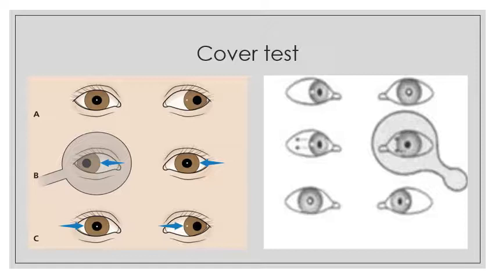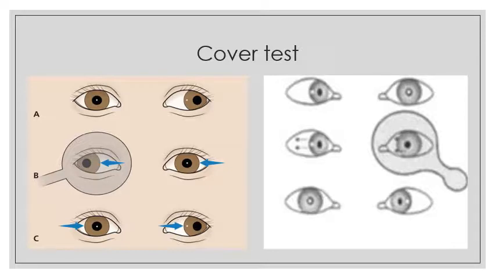If the previously squinting eye failed to maintain the fixation it gained after covering the other eye, then this is unilateral squint. And this is the case of the patient seen on the right.